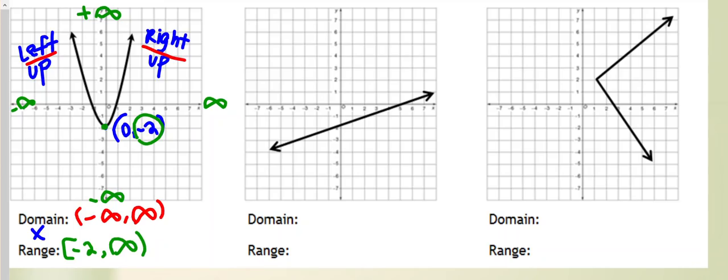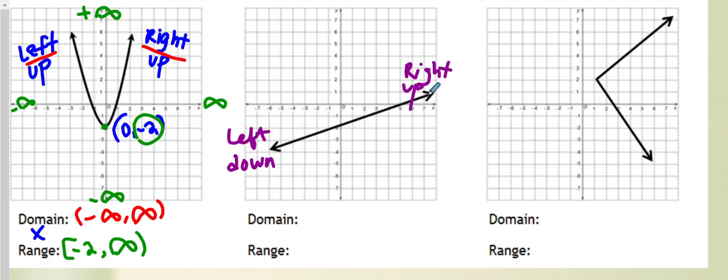All right, let's go ahead and label this one. Okay, I have a line here. So when I have a line, this arrow is going left and down, and this arrow is going to the right and up. Okay, so one thing you'll notice, we didn't have to put any numbers down here. We only have direction.